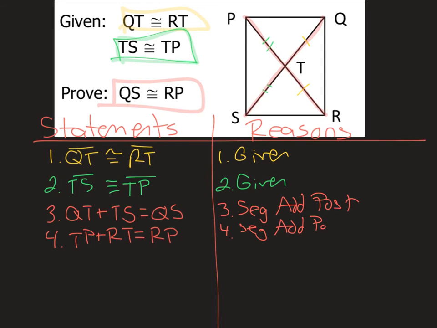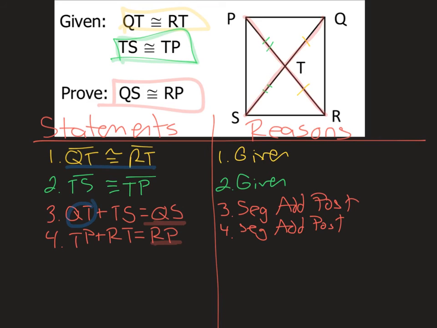All right, so once we do that, we need to look at what we have already in our proof and figure out what types of substitutions can be made. Remember, our ultimate goal is to get just QS congruent to RP. So looking on the left-hand side of those equations, let's see what types of substitutions we can make. So statement 1 tells us QT is congruent to RT.